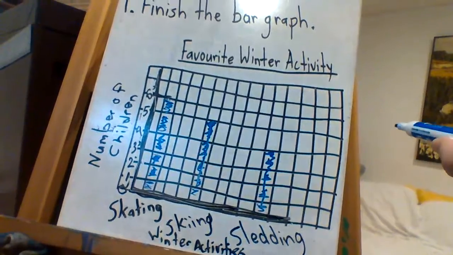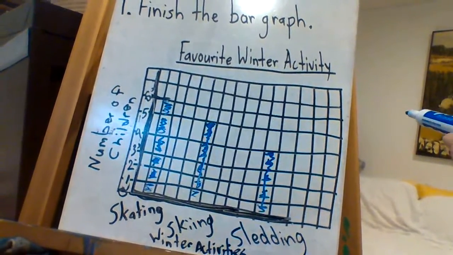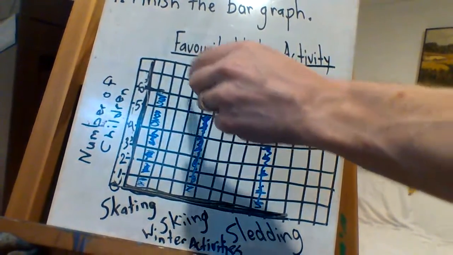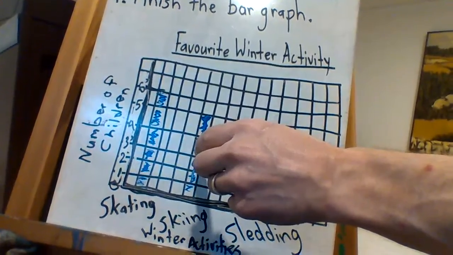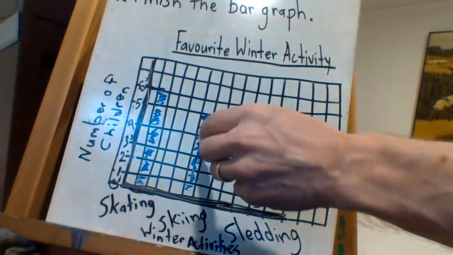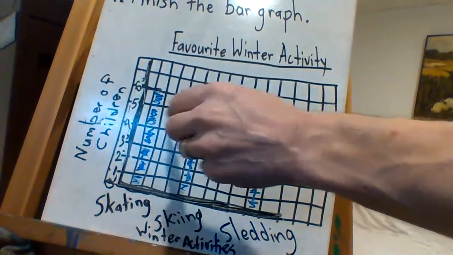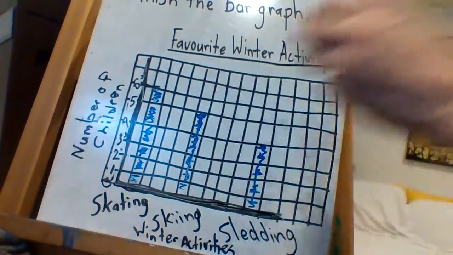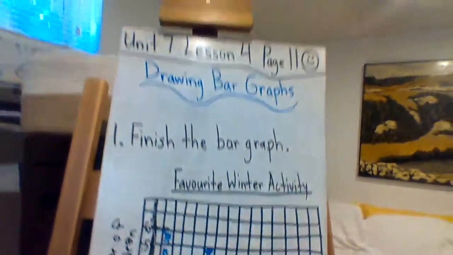Or you can get tricky and say, look at this, one more, right? One more person in Mr. Shanker's class picked skating. One more skating than skiing. Or whatever else you can tell from the graph.